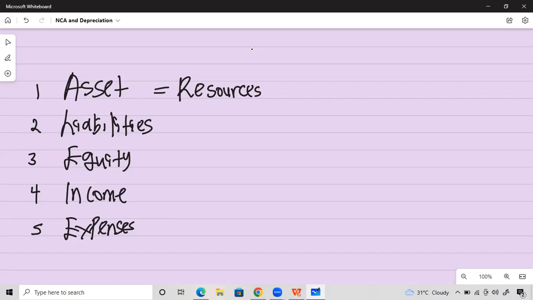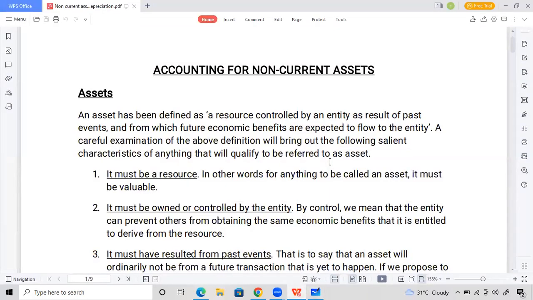We say that assets are resources. Look at the definition here. Everybody has access to this note as well.